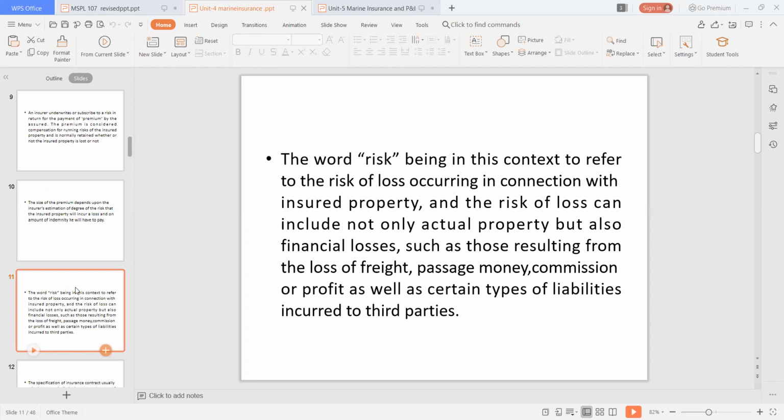So what do you mean by risk, and what are the things covered in the risk? The risk of loss can include not only the actual property, but also financial losses. So overall, it's called the financial security also.